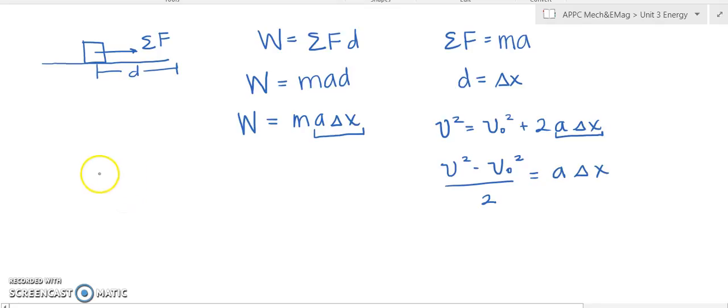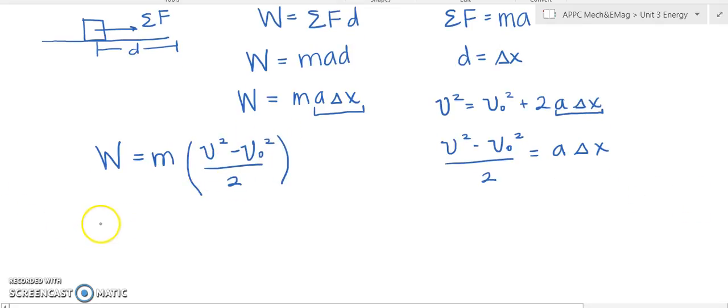So could I substitute in and say that the work done is causing this mass to have a change in velocity? Change in kinetic energy. So then the net work done on this object would be equal to, let's break it out, 1/2 mv squared minus 1/2 mv initial squared.